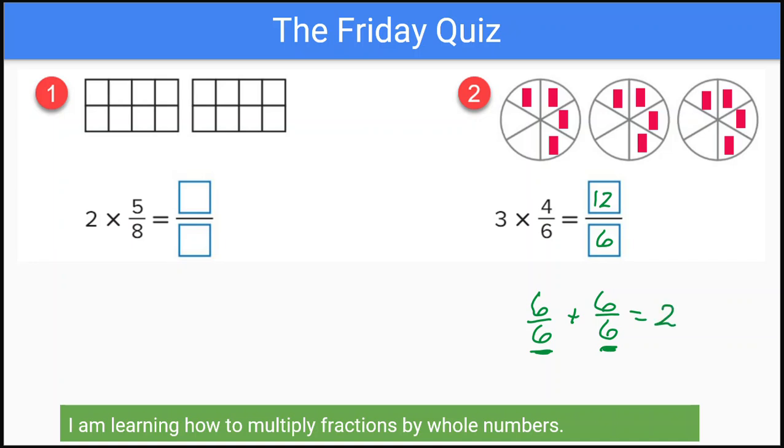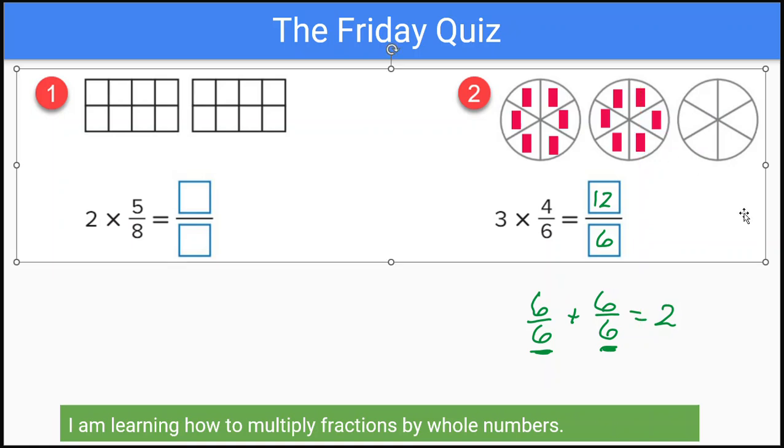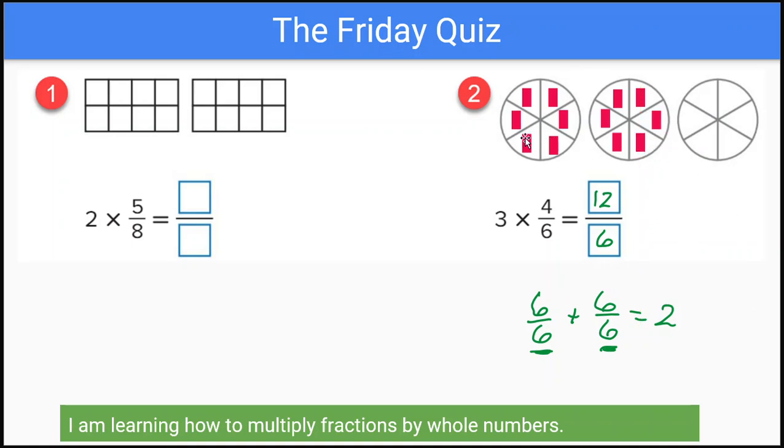Now you could prove it by taking these and shifting them around. Put one of these here, take that one and put it there, there, there, and there. Yeah, 12/6 makes 2 wholes, doesn't it? Okay, this is complete and this one is complete right here. Kids, there you go. You're learning how to multiply fractions by whole numbers.